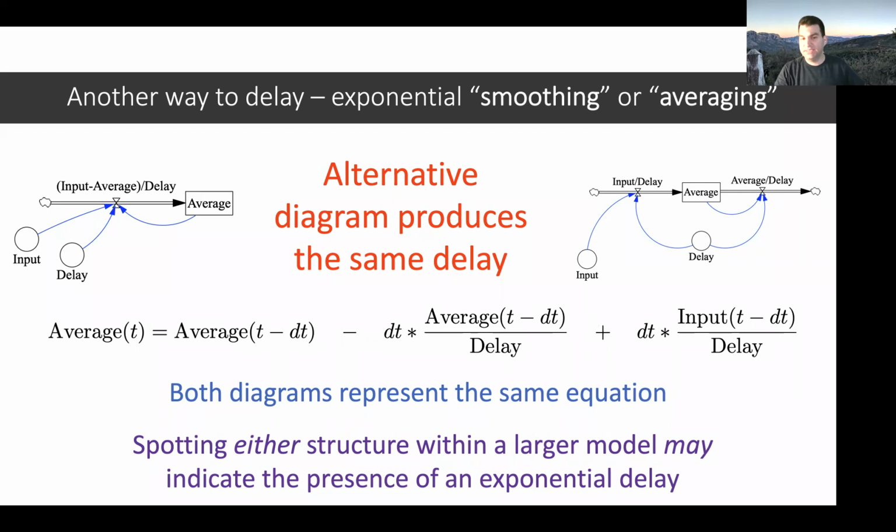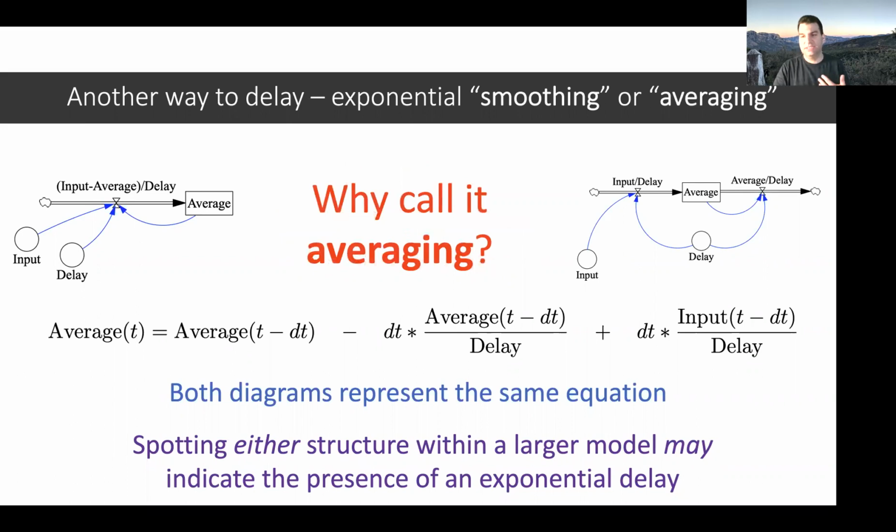And then the inflow plus here is going to be that time step plus whatever the input was divided by that delay. So this is just writing out what is going on in Vensim as it implements the spreadsheet behind the scenes.